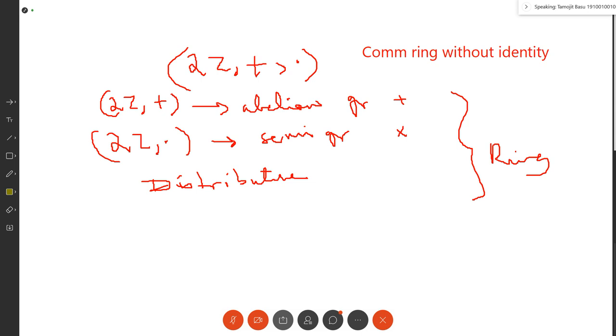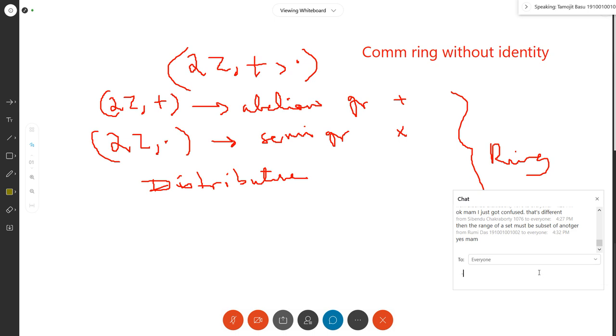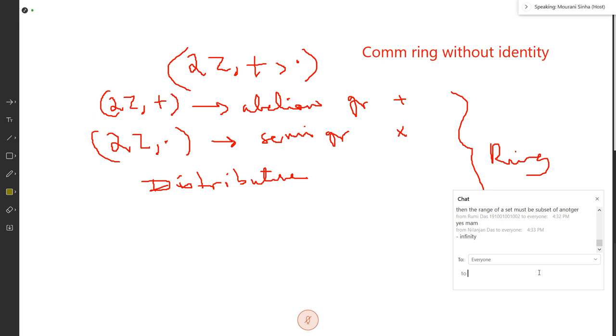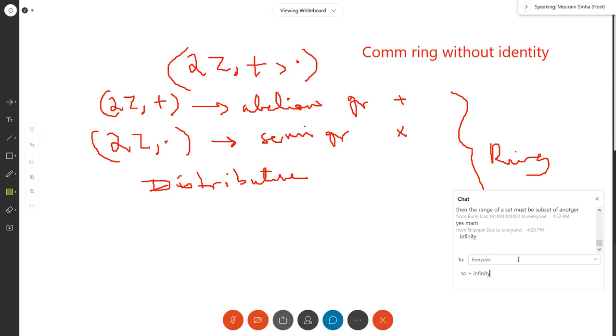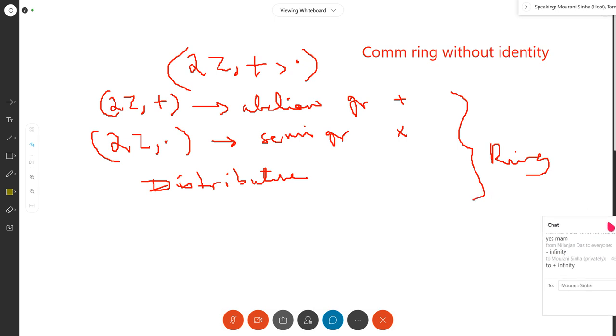Actually, the elements will be 0, 2, 4, 6 like this. In the negative domain, it will be -2, -4, -6 like this. Yes, very good. So this is how my set looks like. I couldn't write plus minus just now here, so I'm writing this separately. So actually 0 will be there, and we will have plus minus 2, plus minus 4, and so on. Yes, Nilanjan, till plus infinity and minus infinity.